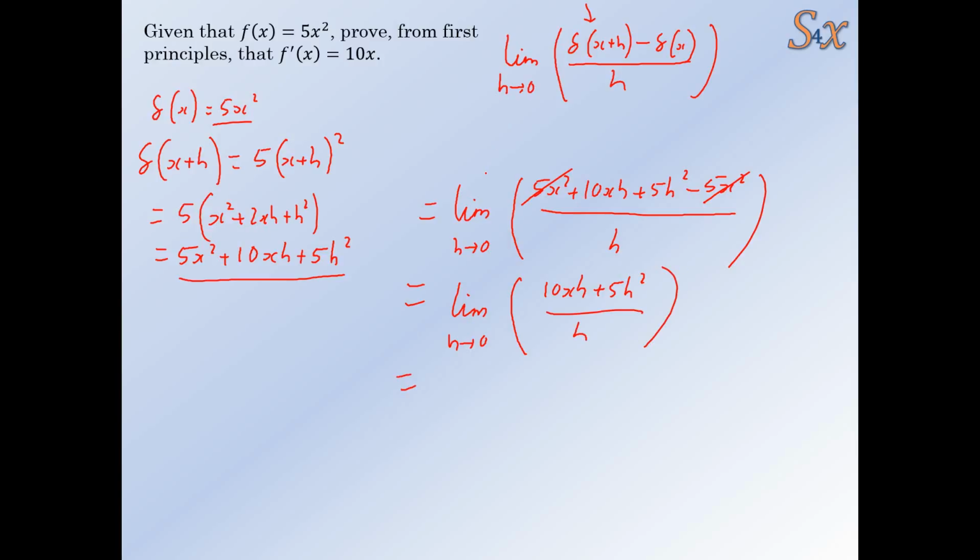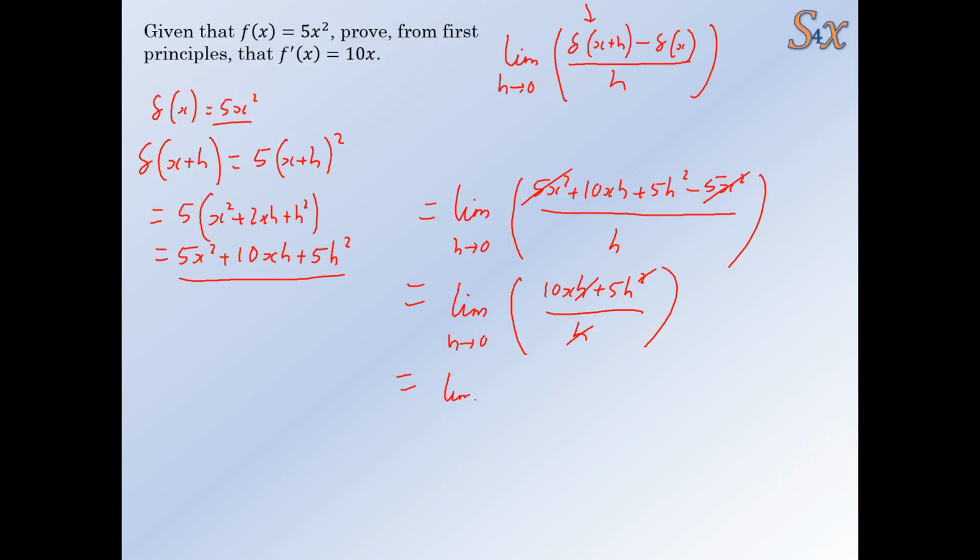You can probably see these examples start to look very similar. This looks very similar to one of the examples we did earlier in the lesson. And that's one of the good things about this topic. If you do enough examples, you should be okay with this topic because there's not that many things they can actually ask you. We can start to cancel the h now. So this h in the bottom cancels with that h and that square disappears. So I'm just cancelling h from the top and from the bottom.